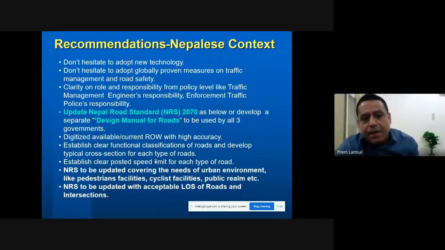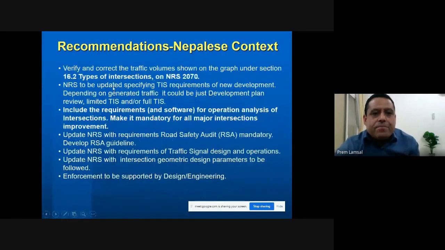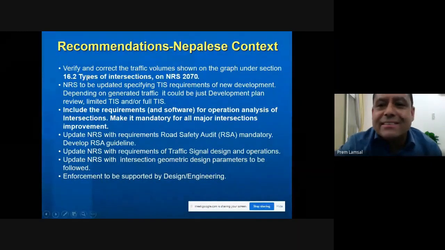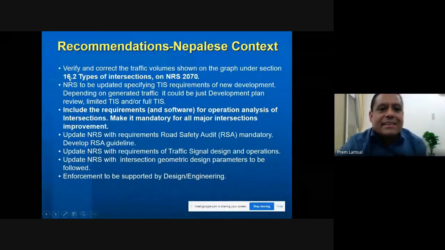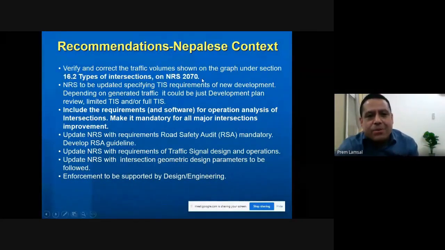Again, the Nepal road standards should be updated, covering the needs of the urban environment, like pedestrians, cyclists, public transport requirements, etc. The acceptable level of service for roads and intersections is not very clear in the Nepal road standard. They have to be updated. Similarly, I have given this specific requirement on the graph shown under section 16.2 in the Nepal road standard.